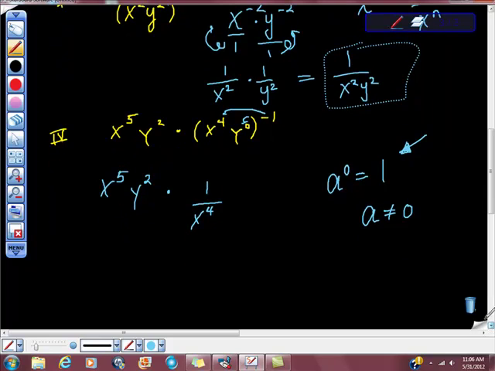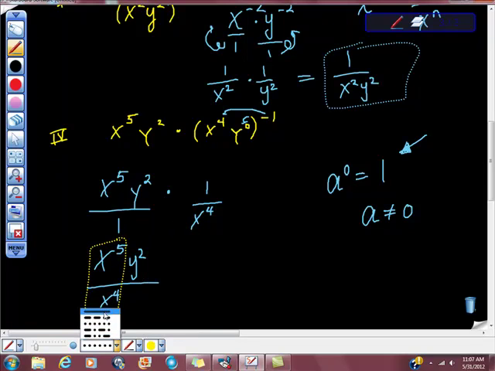So when we multiply this out a little bit more, we'll get x to the 5th, y squared, because remember it's this whole thing over 1, isn't it, over x to the 4th. We're going to focus now on this piece of algebra right here. So x to the 5th over x to the 4th is just x, and x times y squared is x y squared. And there's our answer.